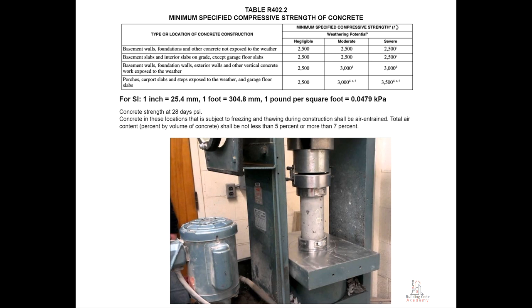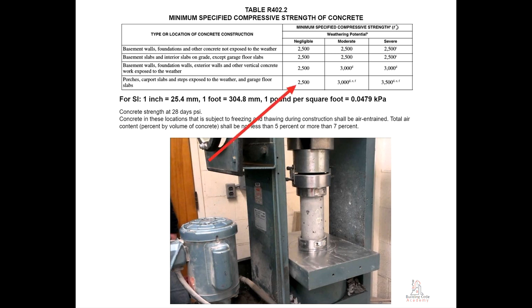Some applications use higher strengths, greater than 10,000 psi, 70 MPa. 3,000 psi, pounds per square inch, is a minimum compressive strength of concrete in severe weathering potential for basement walls, foundation walls, exterior walls, and other vertical concrete work exposed to the weather.